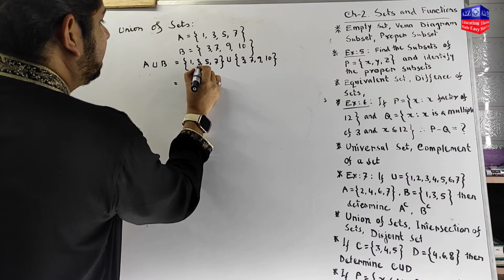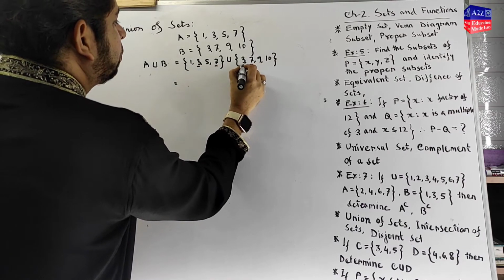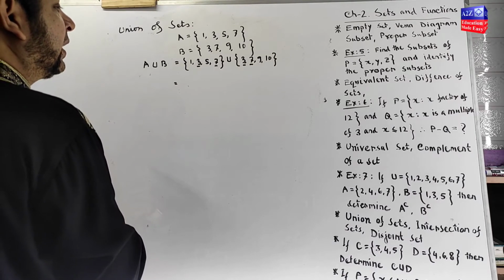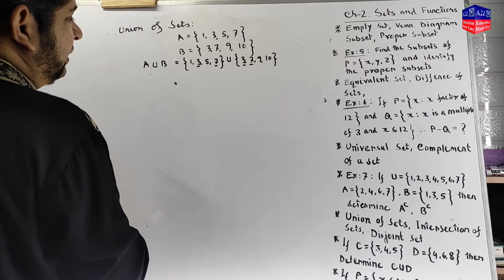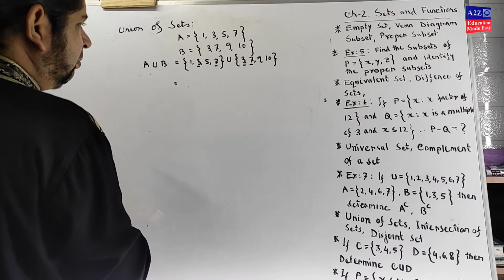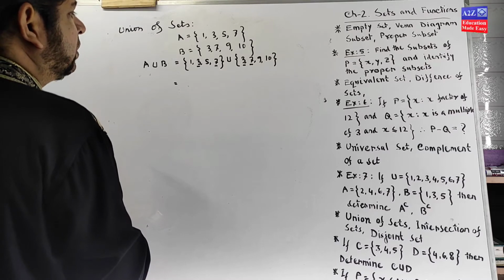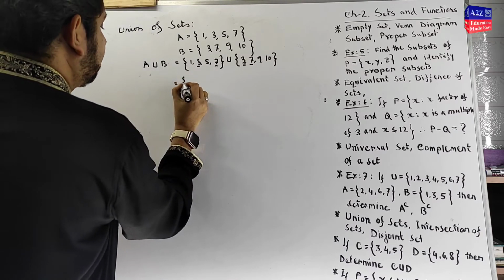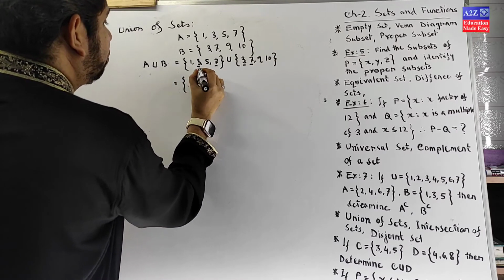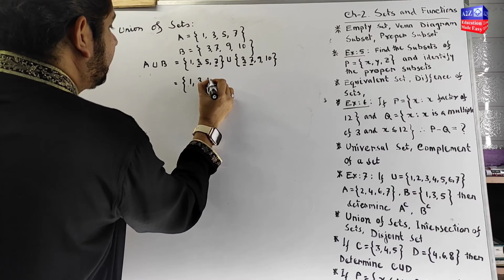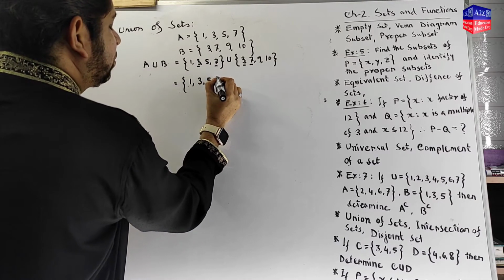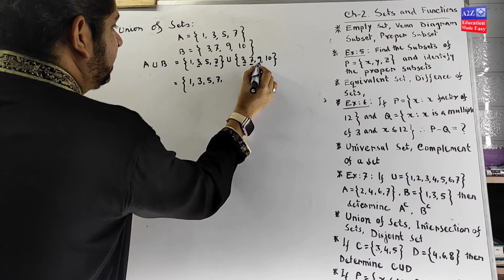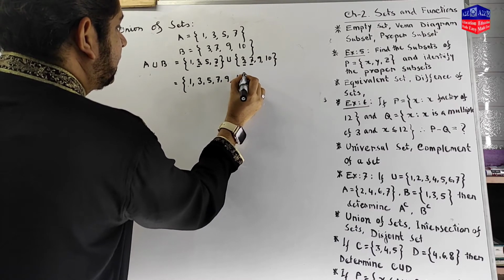You see here 3 and 7 are common to both the sets. So other than these, all other items will be written exactly, and since these two items are common to both sets, I will just write them one time. I will not repeat these items. So 3 is common to both, so it will be written only once. 5, and 7 is common to both sets, so 7 will be written only once. And then you see 9 and 10.